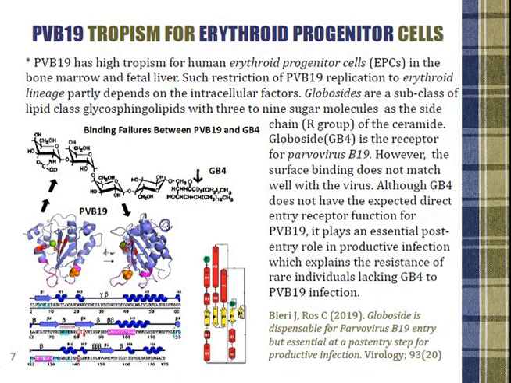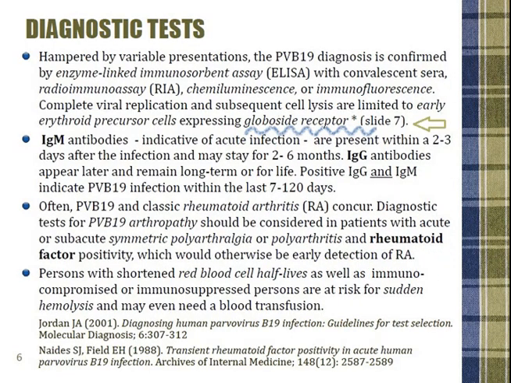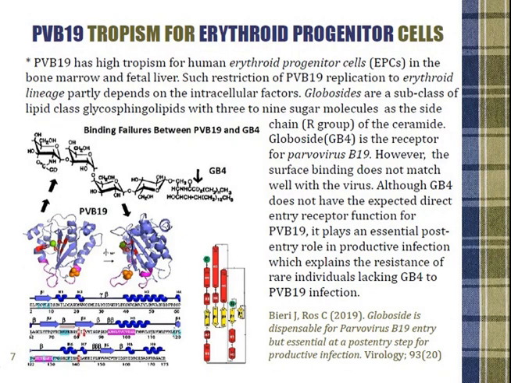Now, I will move to the next slide to clarify why I put here the asterisk sign when I mentioned the globoside receptor. The reason that parvovirus B19 limits its attack on the bone marrow stem cells responsible for erythropoiesis is that not often it binds well with the surface of its receptor named globoside or Gb4.